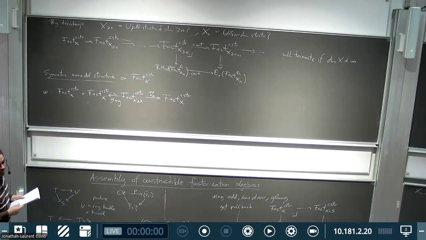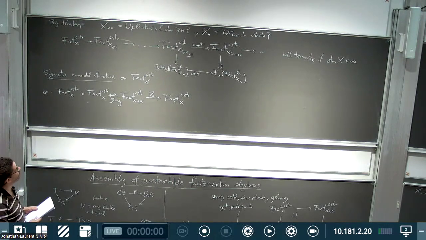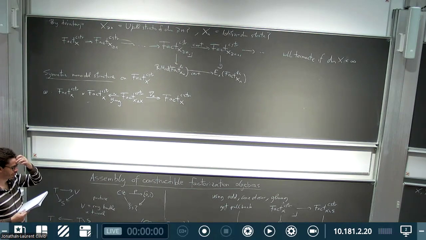So constructible factorization algebras is a full subcategory of open tensor algebras. Right? Open, yes. And that has a symmetric monoidal structure. Yes. And this is the restricted one. Like, it's kind of pointwise, it just tensors the values on every open.